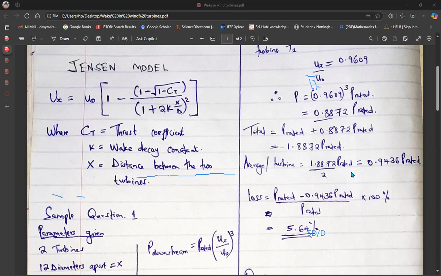So dividing by 2 gives you 0.9436 P rated. So this is the average of one turbine.